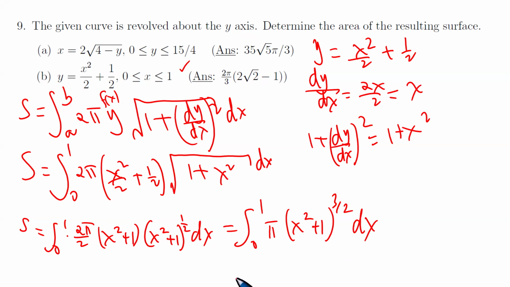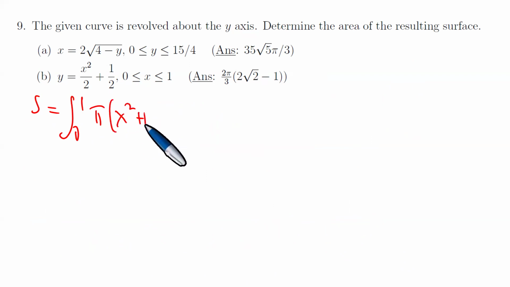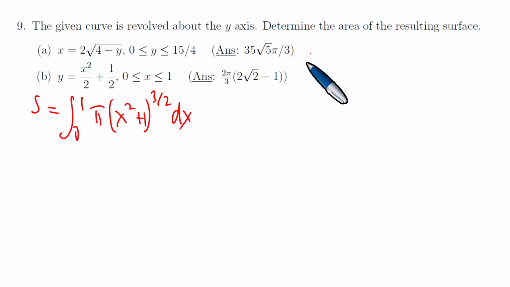And you need to find this integral here: the integral from 0 to 1 of pi times x squared plus 1 to the 3 over 2 dx.